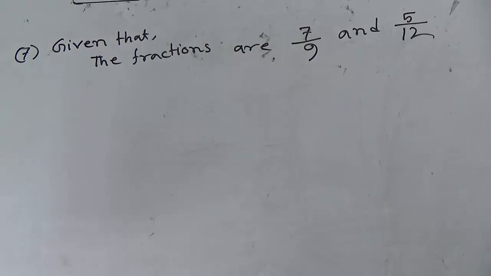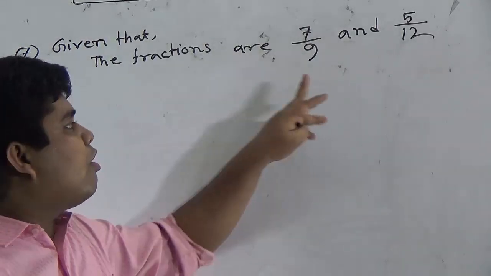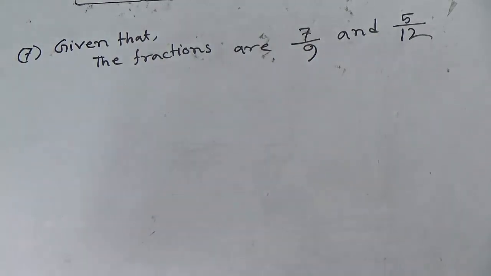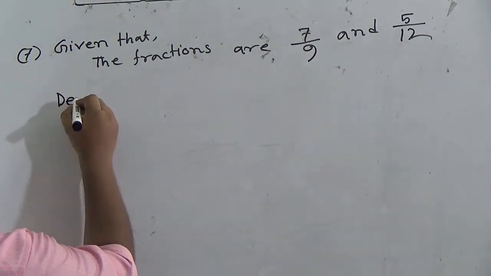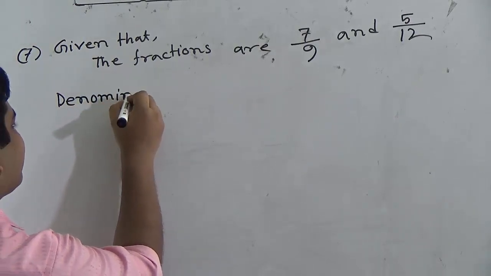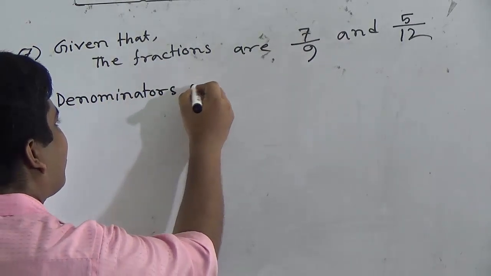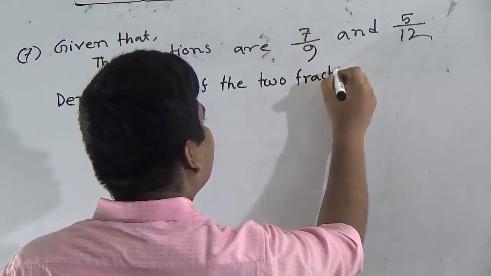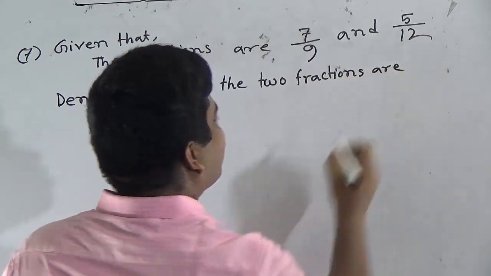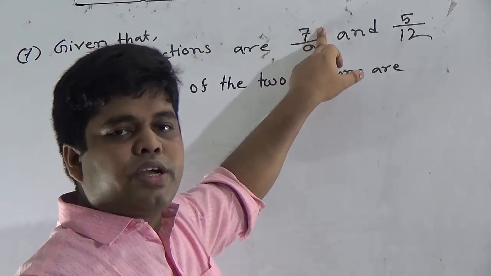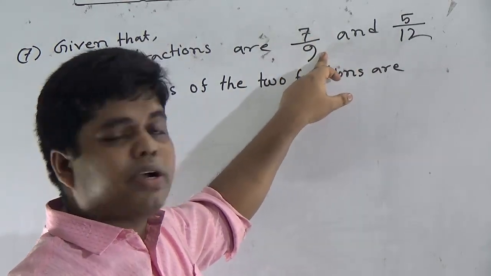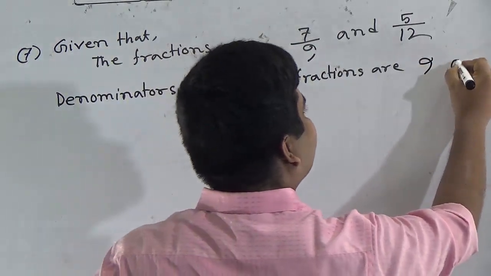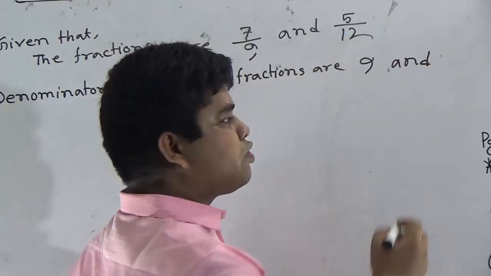So at first we find the denominator of the two fractions. The upper number is called numerator and the lower number is called denominator. So the first fraction's denominator is 9 and the second fraction's denominator is 12.